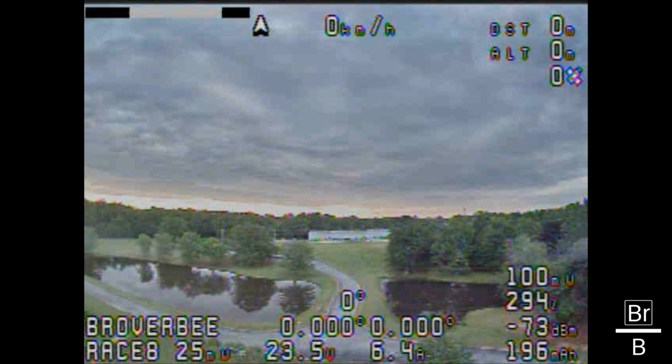And so the link quality stayed above 100, so we're at 294 here, and 100 milliwatts, and so dynamic power is kicking in. If you have your dynamic power set at 500 milliwatts or 1 watt, it will shoot straight to that max value. It will not go into the incremental steps. It will go straight to whatever your max power is for your dynamic power output to keep that link quality.